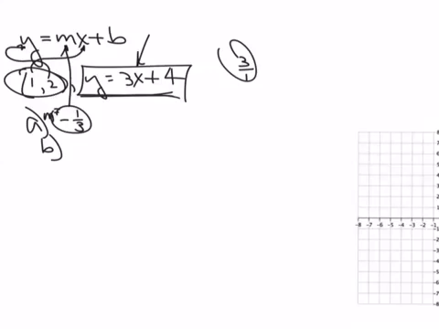The next part of this equation, I guess A was to find one parallel to the given line, B is one perpendicular to the given line. So parallel to the given line, that means that if the slope of our given line is 3, our slope to the new equation is also going to be 3, because parallel lines have the same slope. Perpendicular lines have the slope that's the opposite. So if it's negative, the new slope is positive.